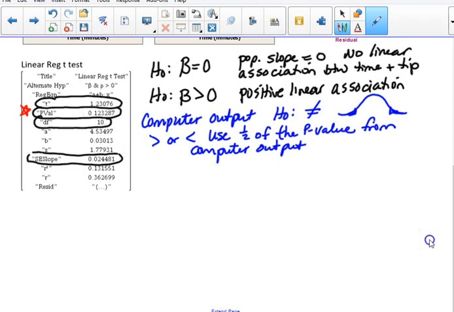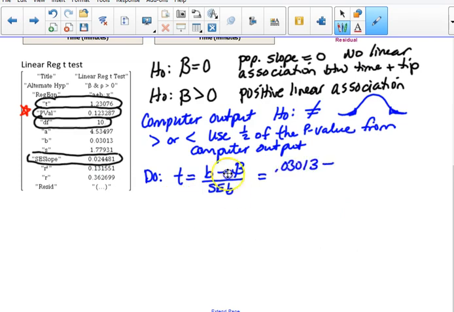So in the do step, we're going to calculate our test statistic. Now our test statistic is always the sample statistic, in this case b, our sample slope, minus our population slope, which we call beta, all over the standard error of the slope. So standard error of b. Sometimes we put that in parentheses, sometimes use it as a subscript. So our sample slope is right here, 0.03013.